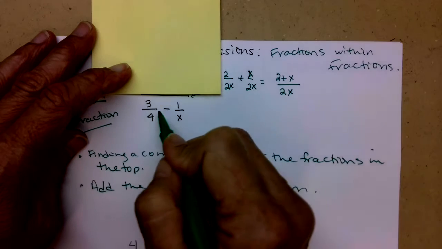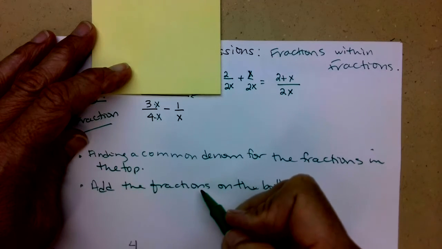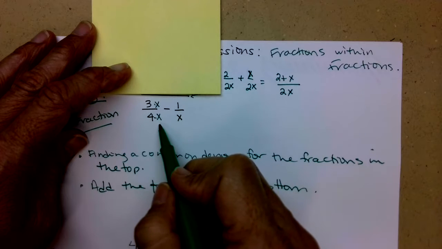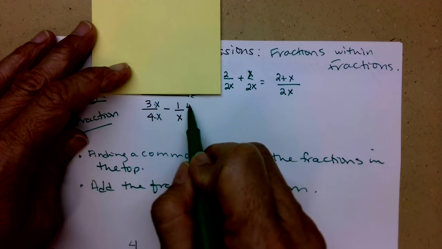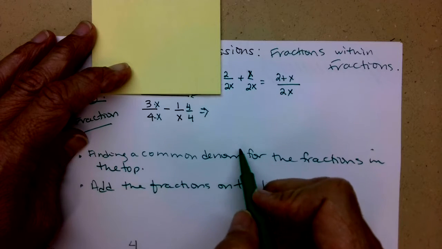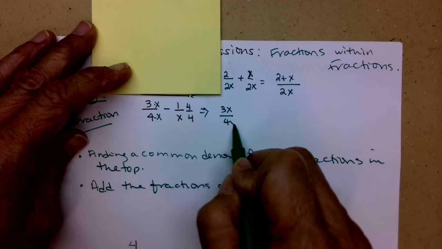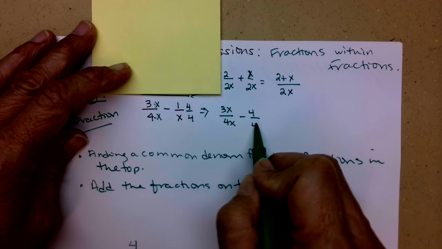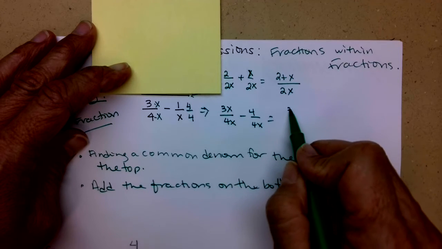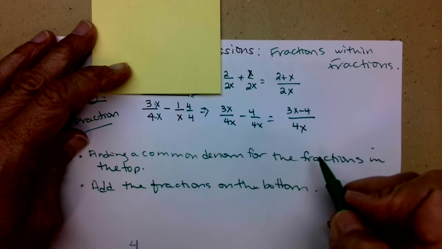So we need to build up the 2 fractions so they have the common denominator. So x over x for the 3/4 and 4 over 4 for the 1 over x. So we have 3x over 4x minus 4 over 4x. So altogether that is 3x minus 4 over 4x.